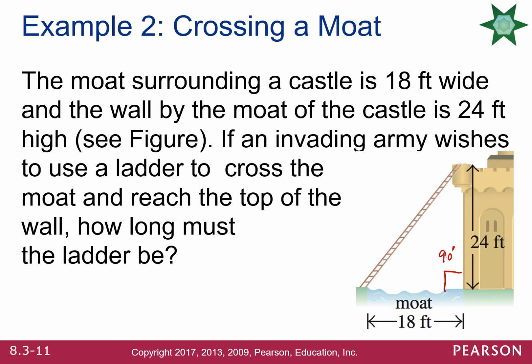Remember that we always represent the right angle with the letter C, so I'm going to mark it as C. Now, the side opposite the right angle is denoted by a small c, which is also called the hypotenuse. So this ladder here, whose length we need to find, will really be the hypotenuse of the right triangle formed by this figure.